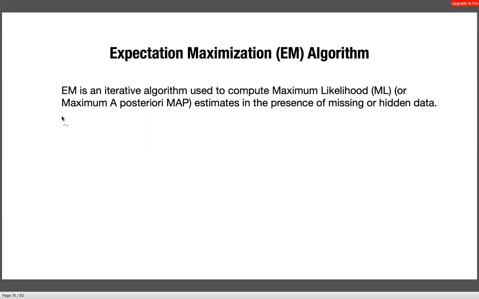Let's outline that a little more clearly. Suppose we have what I'm going to call fully observable data. Let's denote this using x_i's and z_i's. There are two random variables.